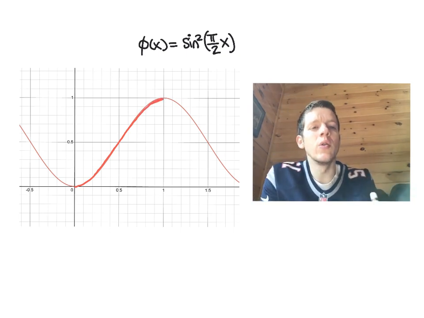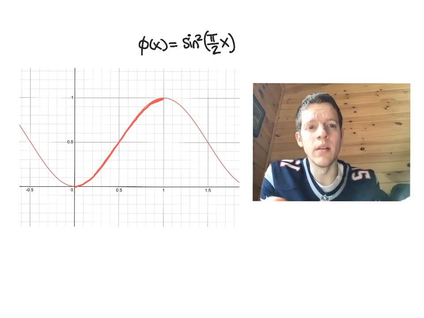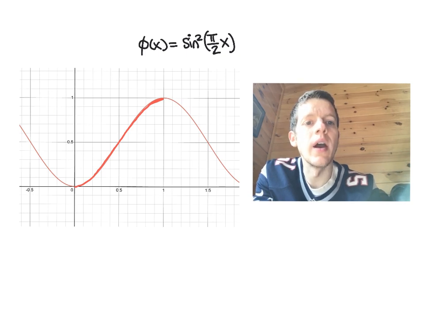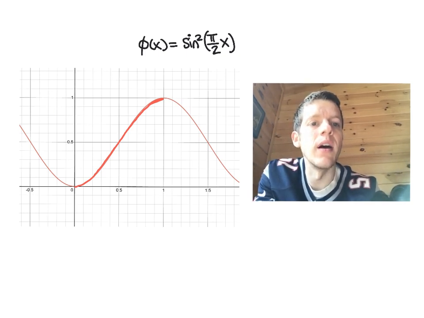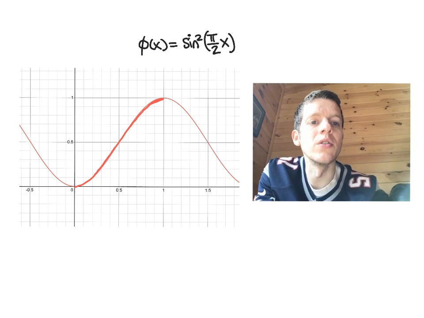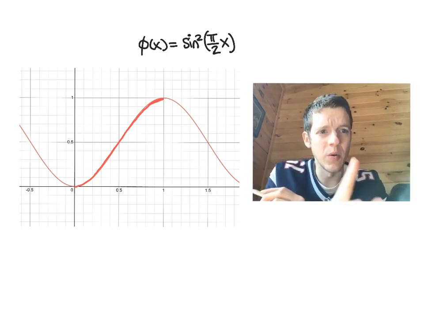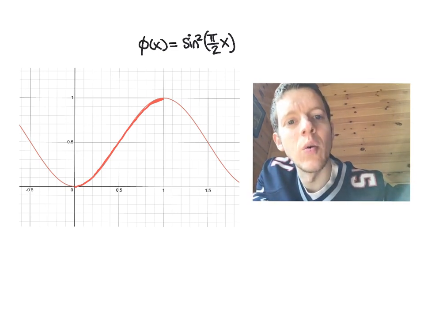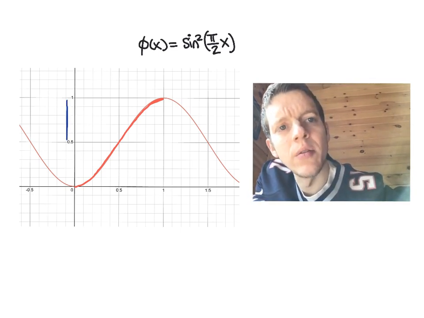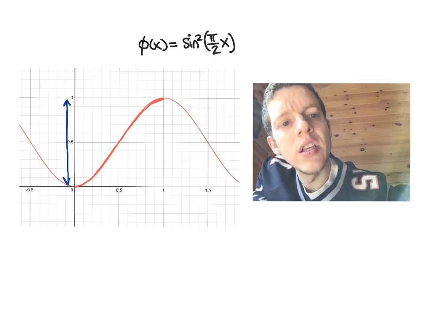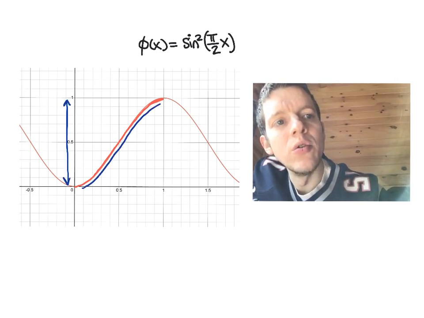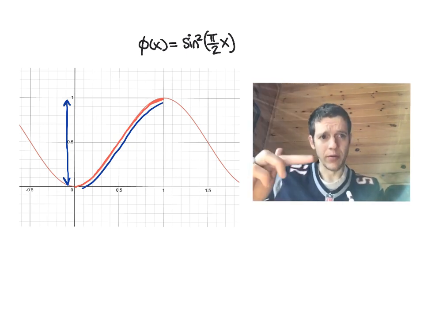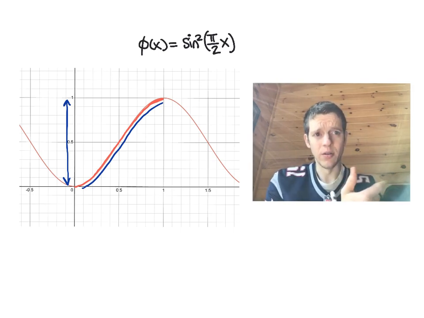It is 1-to-1 because any horizontal line that I pass through this graph is only going to intersect the graph at one point. It is also onto because the entire interval from 0 to 1 is mapped to by the function. So you do have y values achieved all throughout the interval from 0 to 1. So we have 1-to-1 and we have onto.